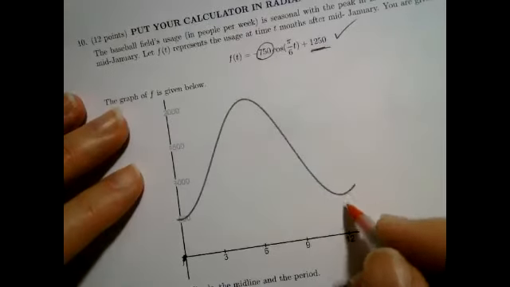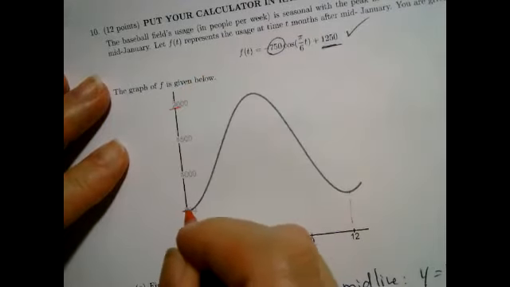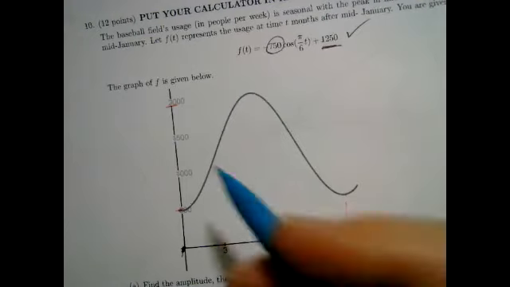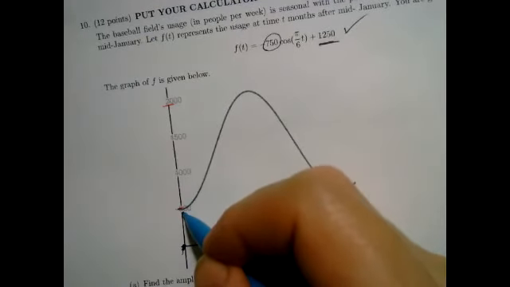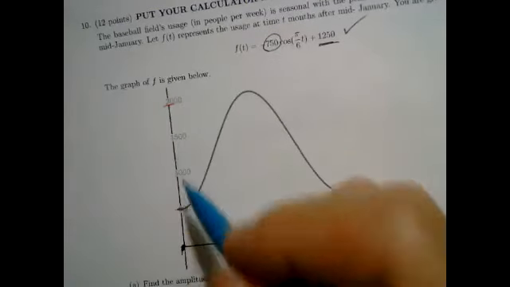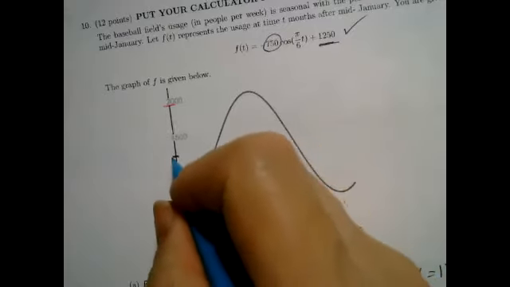So this is my 12 here, this is my max, and this is my mean. And 1250 is the midline. I'm going to draw the midline here the best I can. This is 2000, this is 1500, so the midline should be 1250.